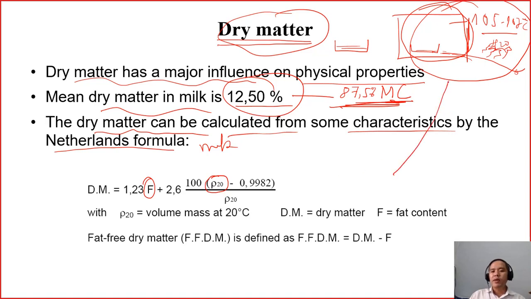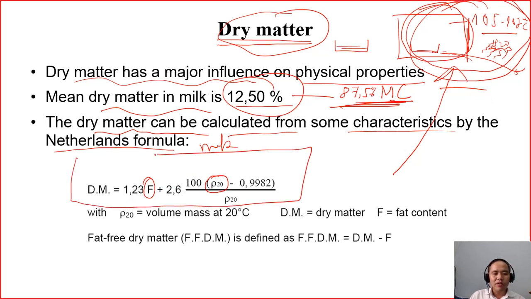If we use this reference method, it is a good method, but it takes quite a long time. It can be 3, can be 4 hours, can be even more. So they developed another formula to estimate the dry matter content after we measure the density of milk. To measure density, we just use a small tool like this.